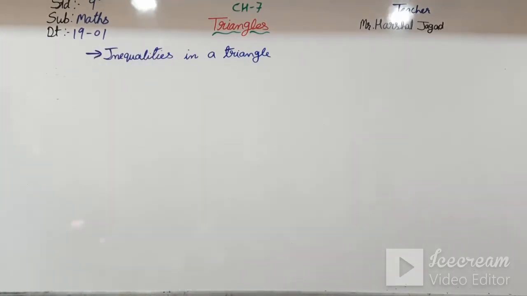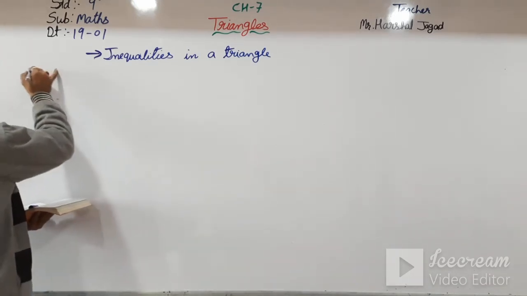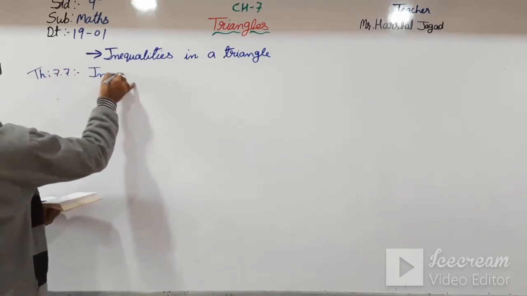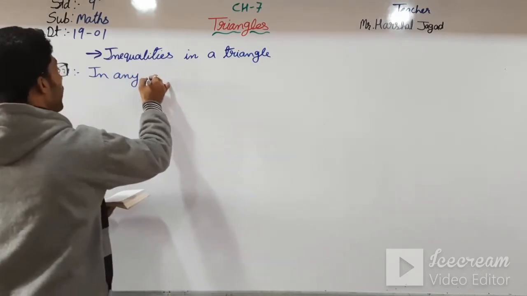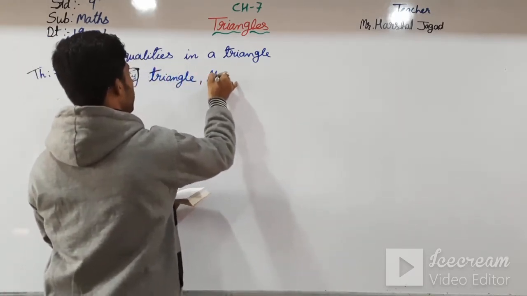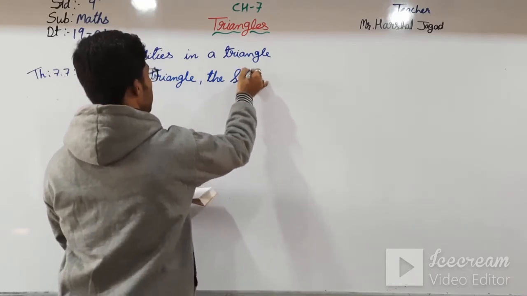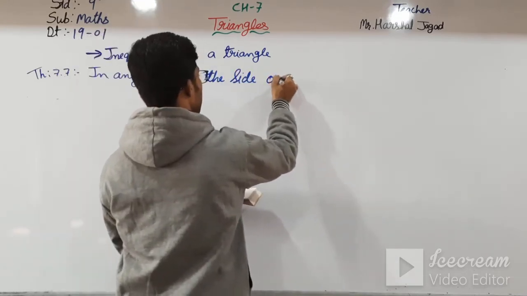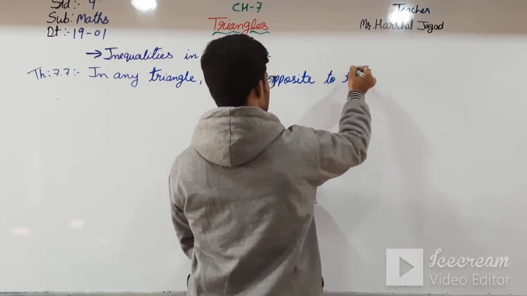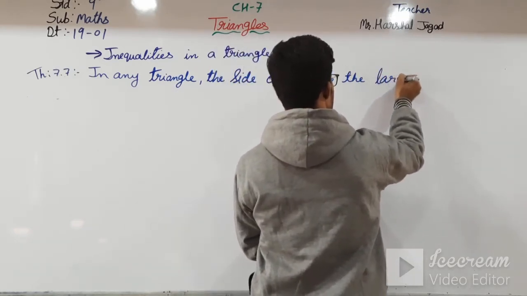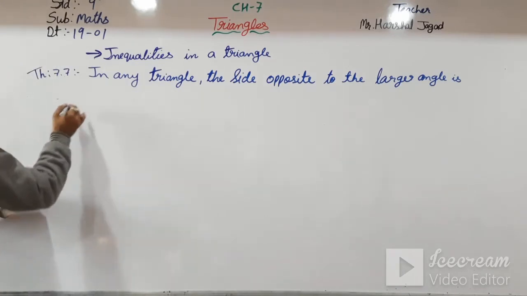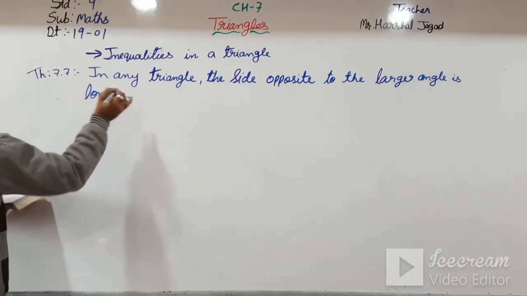Theorem 7.7: in any triangle, the side opposite to the larger angle is longer.